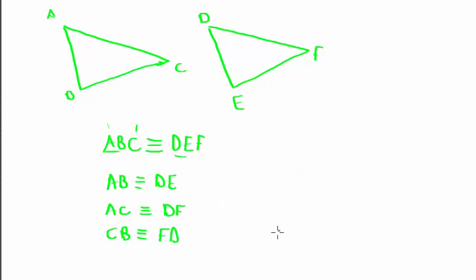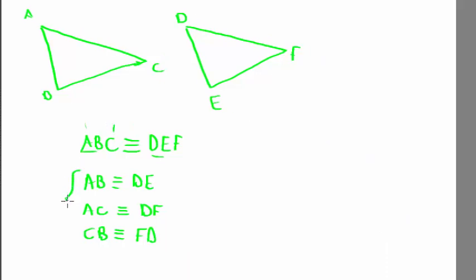Now, there are certain theorems. So this is the condition for congruency, if I can show that all three sides are equal. There's a bunch of theorems that follow before this, that when sides of a triangle are equal, the angles will also be equal. But we won't go into that. If I can show that three sides are equal, then I've shown that they are congruent.